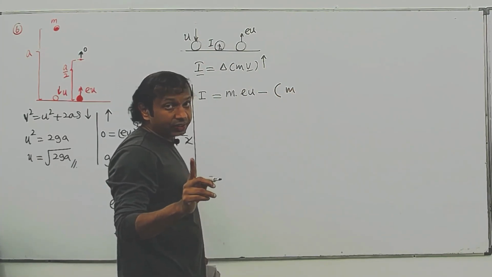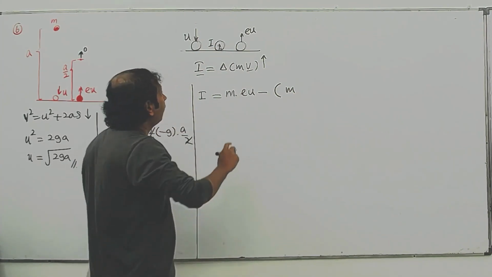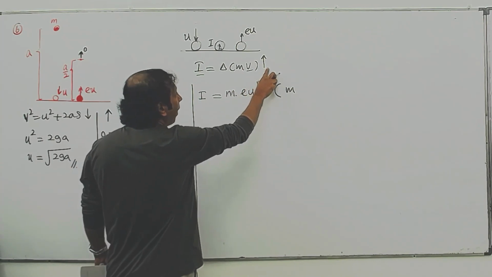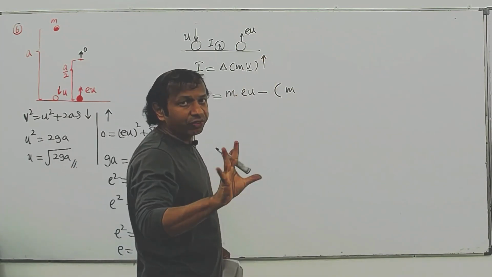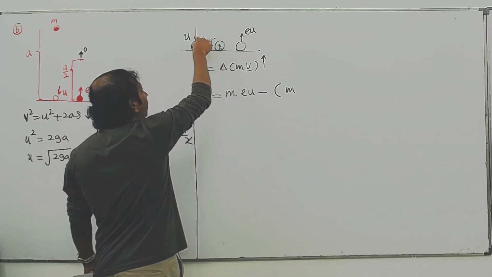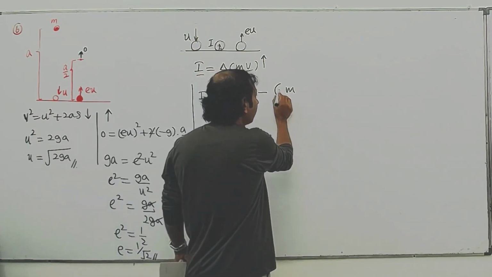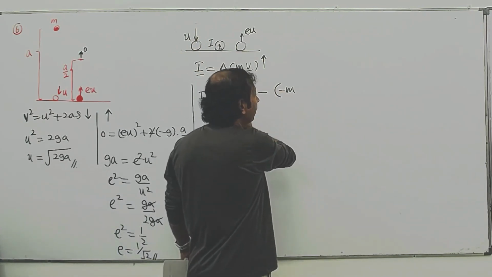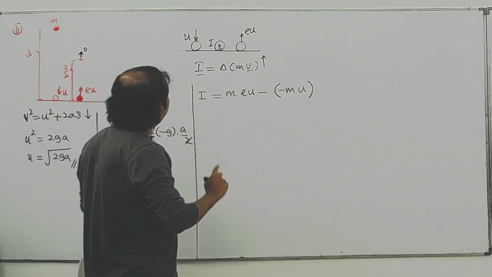Because velocity is a vector, and we apply I equals delta mv upwards, any velocity pointing upwards is positive. Just before the impact the particle is moving downward, therefore this u should be minus u. That is very important.